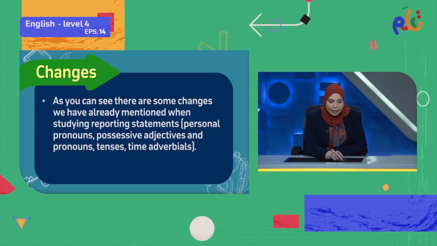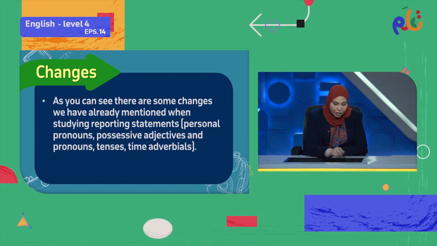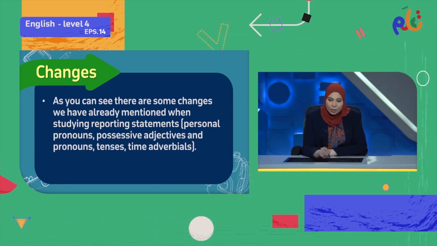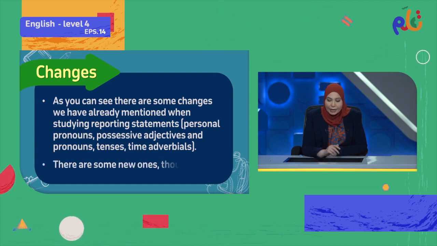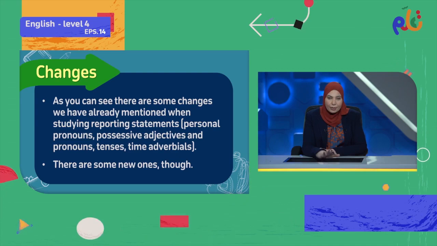So all these things we change. So here you can see that there are some changes that were already mentioned, like we said, personal pronouns, possessive adjectives, tenses, and time adverbials or time expressions. And there are some new changes that happened.